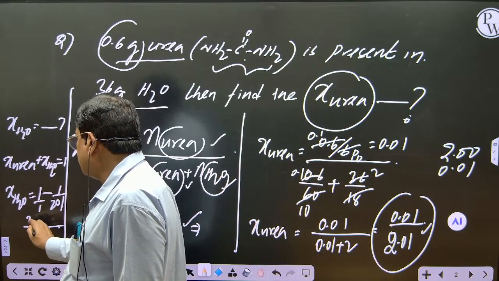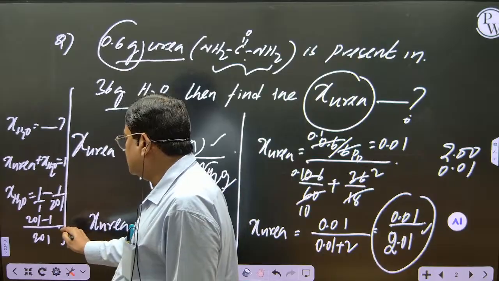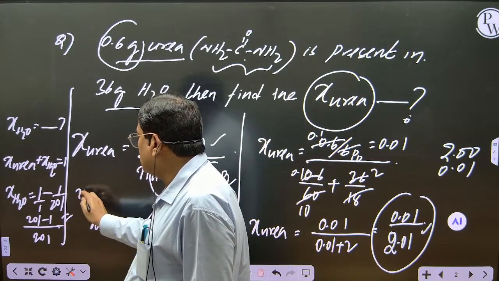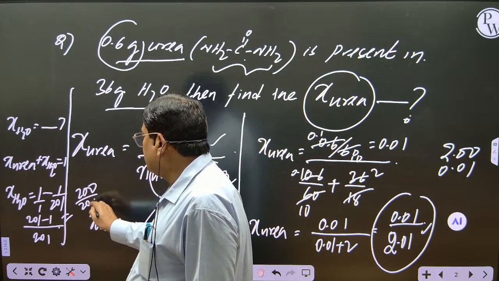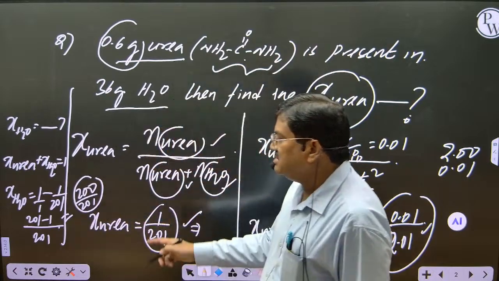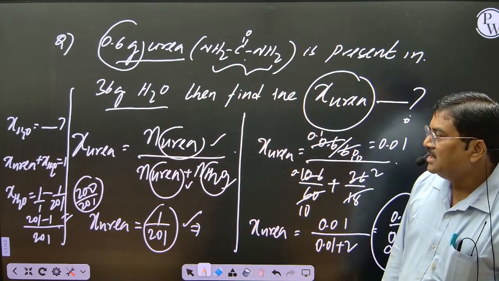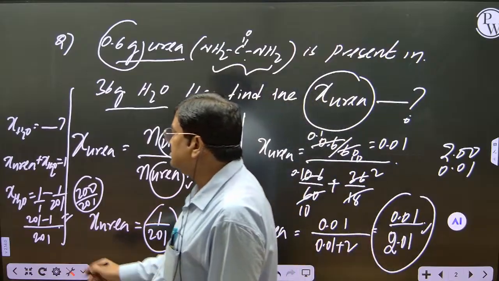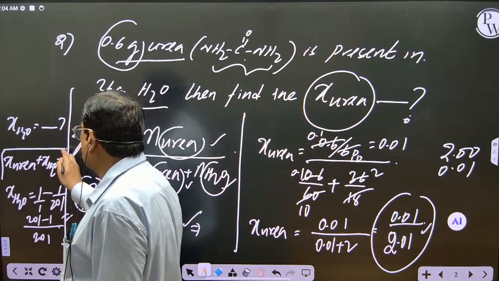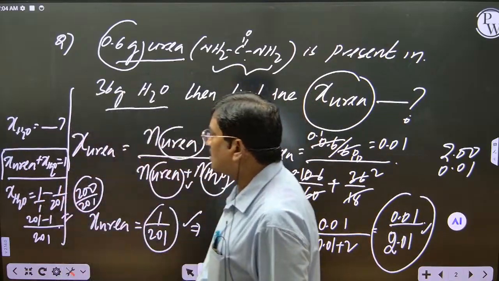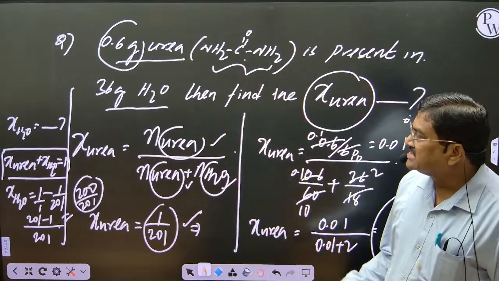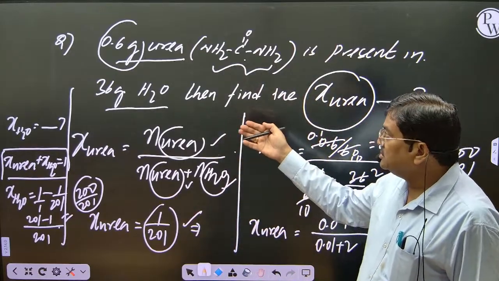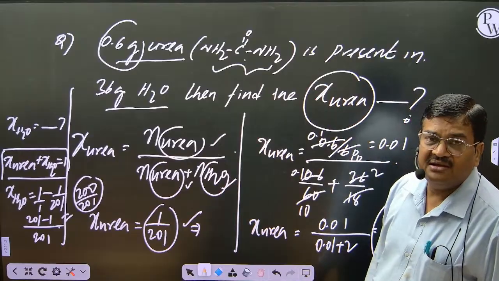This is 201 minus 1. That comes how much? 200 by 201. Check whether the option 200 by 201 is coming or not. That will be the mole fraction of whom? Water. Because the mole fractions of the two components will sum to 1, no? So the examiner, if he wishes, can ask either the mole fraction of your solute or the mole fraction of the solvent.